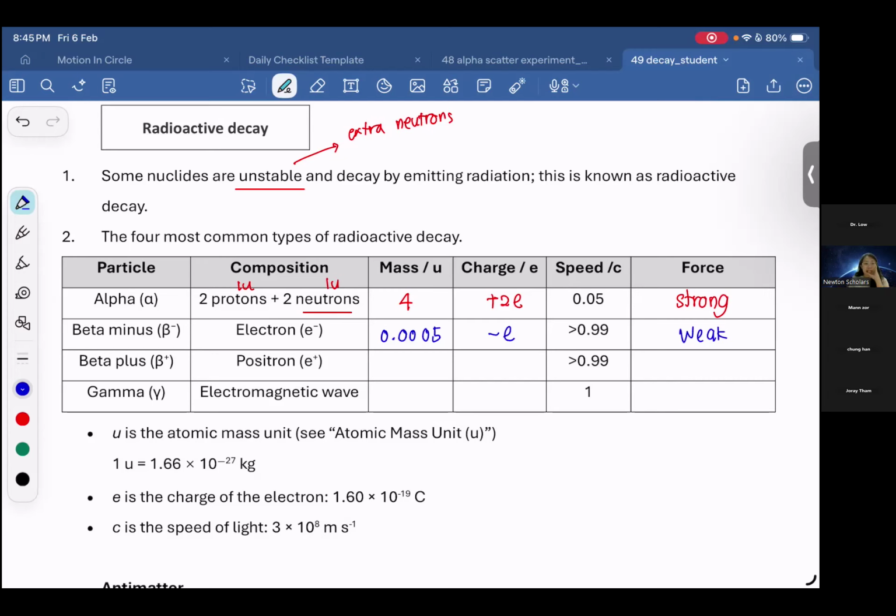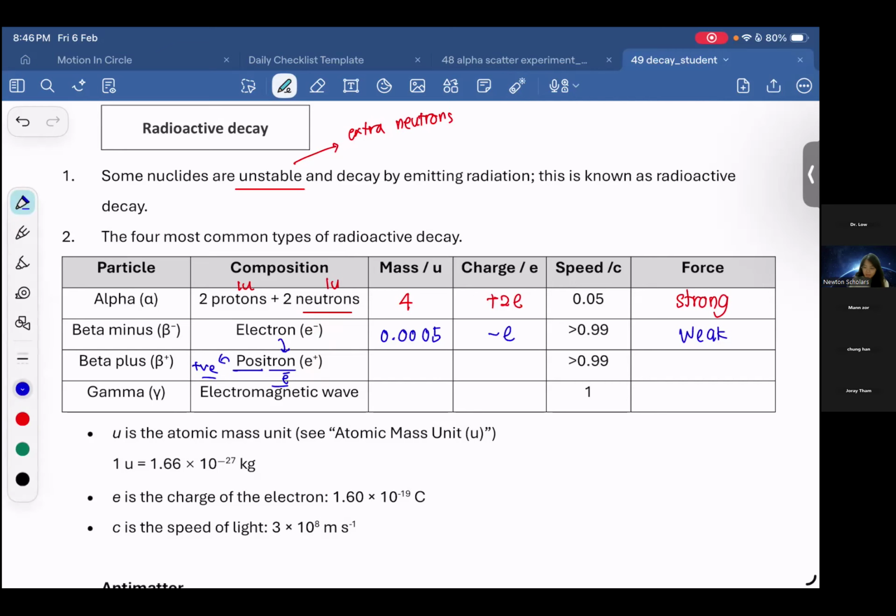Then beta plus is the positron. What is this? You see, this is tron, actually electron. Positive electron, we call it positron. So this part is positive, this is electron. Positive electron is called positron. Just now the electron was minus, this one is an electron in positive.